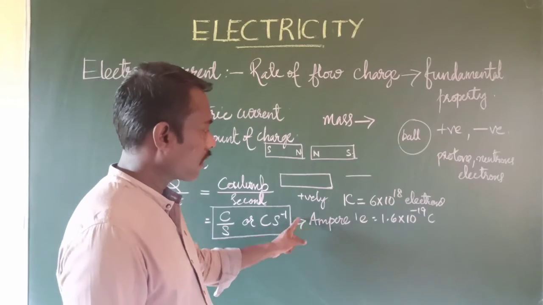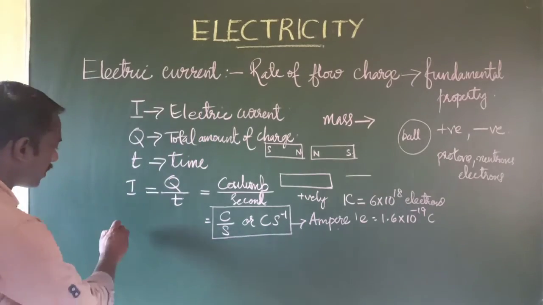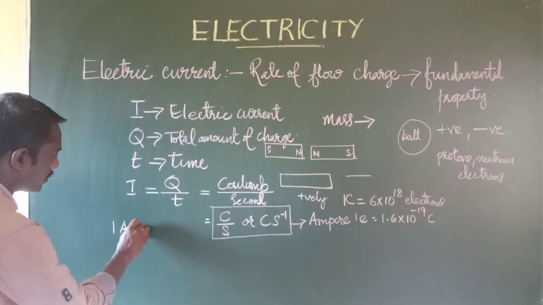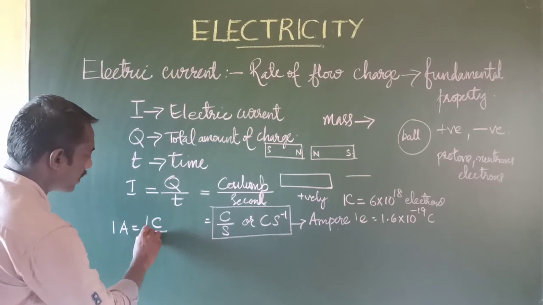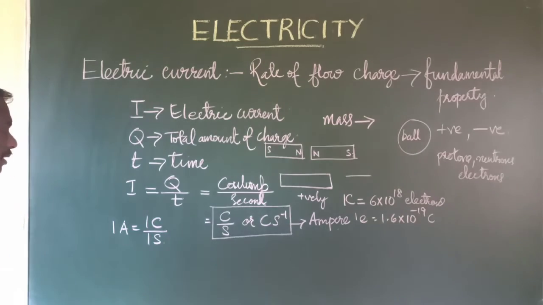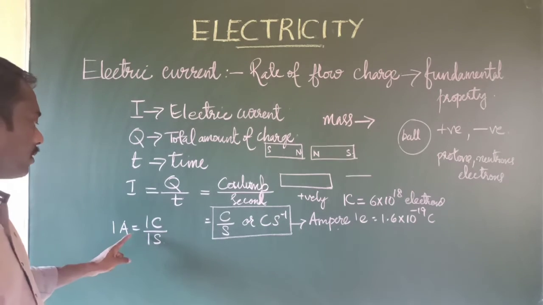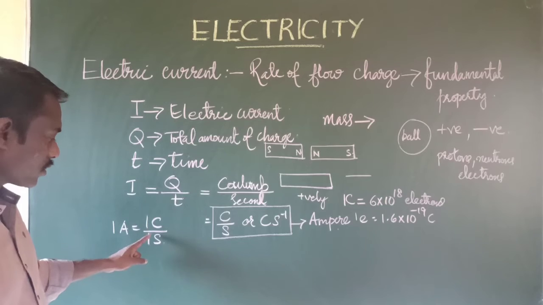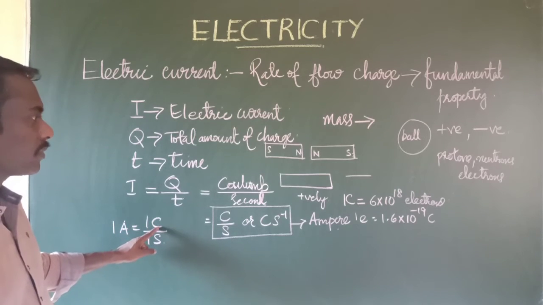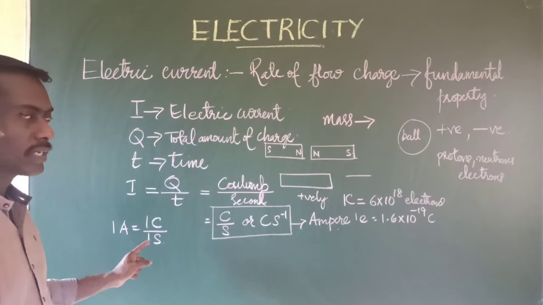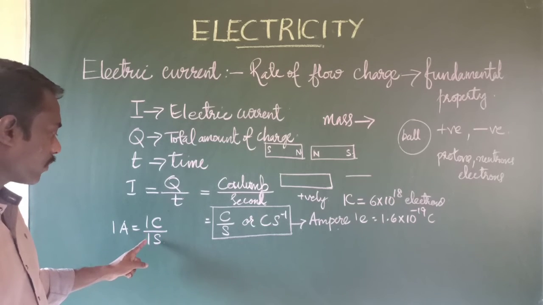So we can define 1 ampere as 1 coulomb divided by 1 second. That means 1 ampere of current is when 1 coulomb of charge flows through a conductor for 1 second.